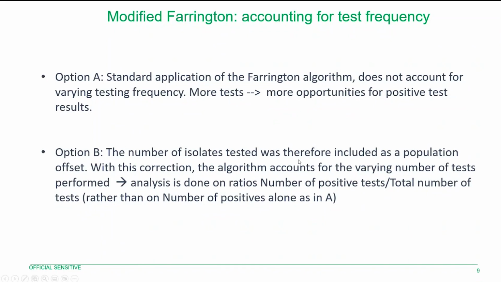Technically, this implementation is achieved by including what is called the population offset. But it just equates to what I've just said: we apply the algorithm not to the number of positive tests, but to the rates, so the number of positive tests divided by the total number of tests.